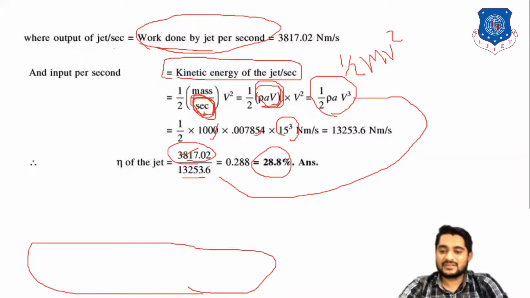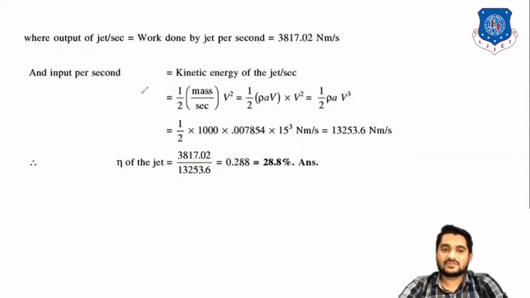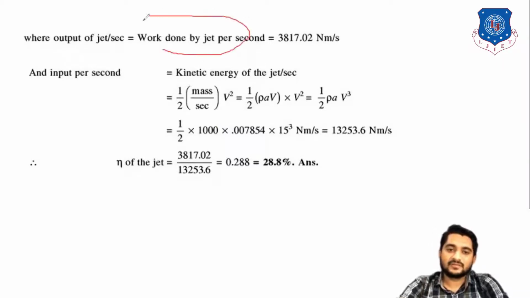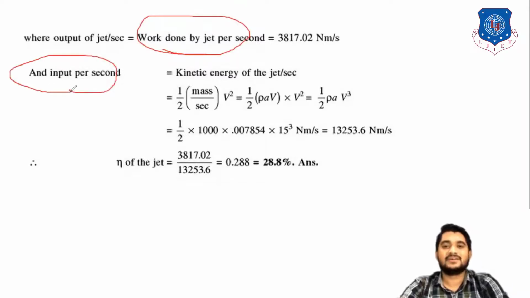So let us revise it again. In the case of efficiency, it is output by input. In the terms of jet, students, remember this, output will be our power, but work done will be per second. So we have to put input per second also. So input as a kinetic energy. Generally kinetic energy is 1/2 mv square, but here for balancing purpose we have to divide it by second.